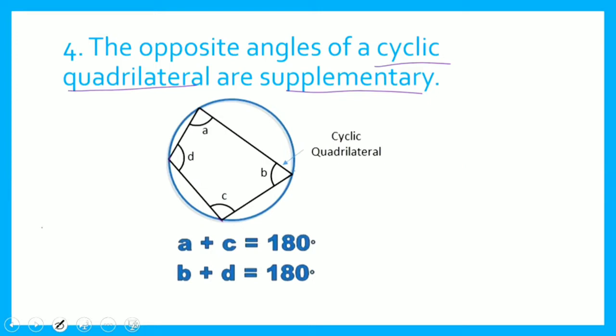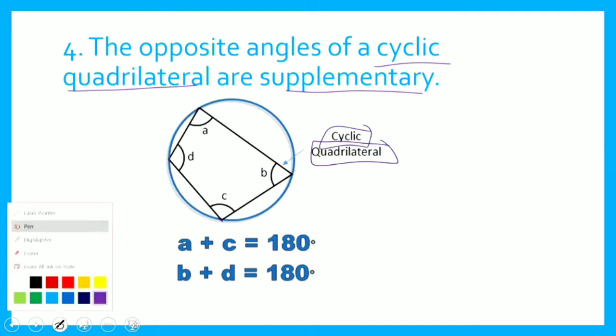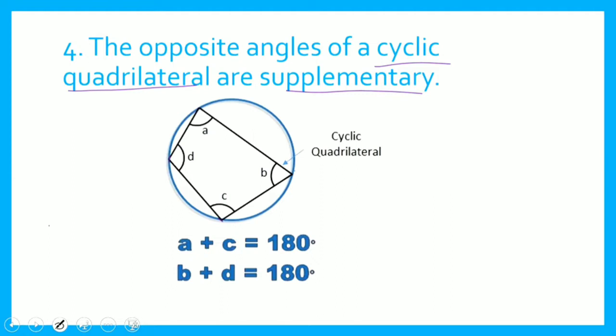All right. So a cyclic quadrilateral is a quadrilateral inscribed in a circle. So here we go. And it says any opposite angles in a cyclic quadrilateral are supplementary. Supplementary means they add up to 180 degrees.